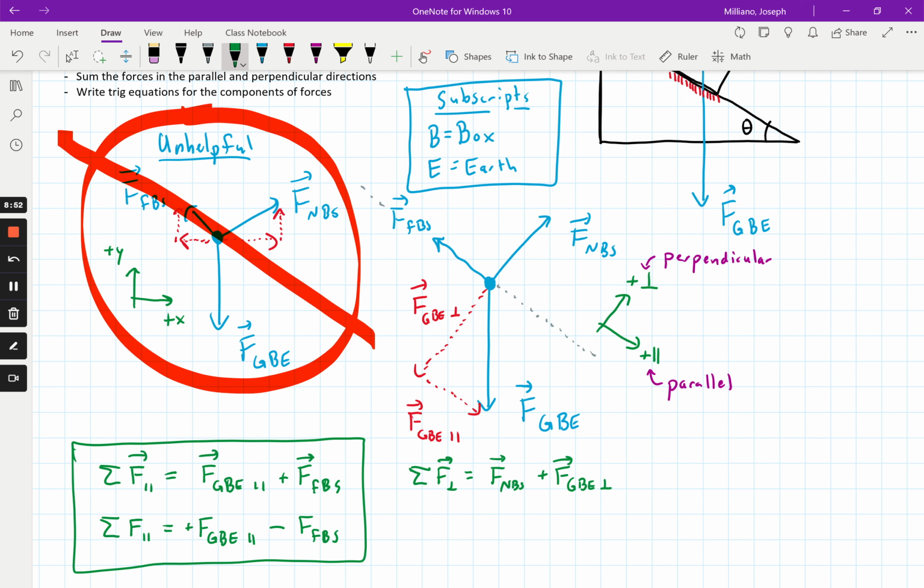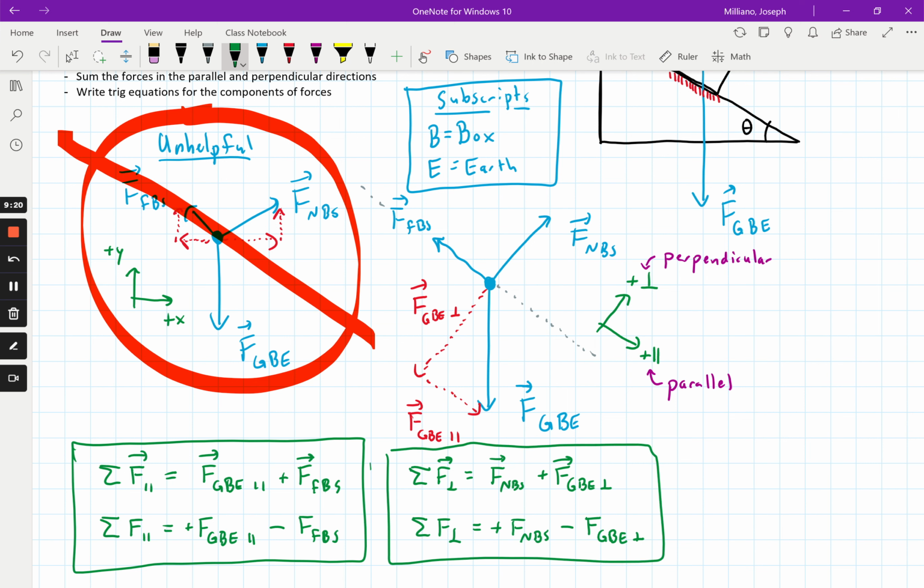And if we want to write the scalar equations for this, we have a positive normal force in the perpendicular direction because it's in our positive perpendicular direction as defined by our axes. And the perpendicular component of gravity is negative according to our chosen sign convention. And there we go. Those are vector and scalar equations for the perpendicular direction.